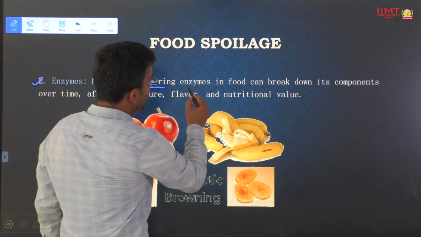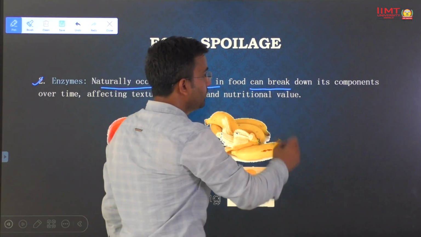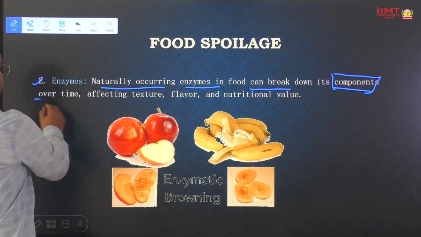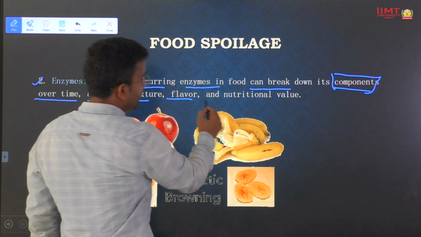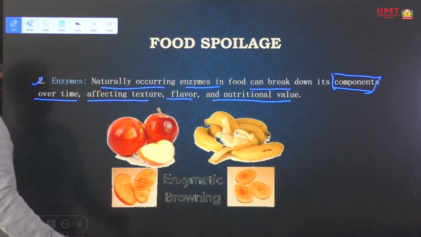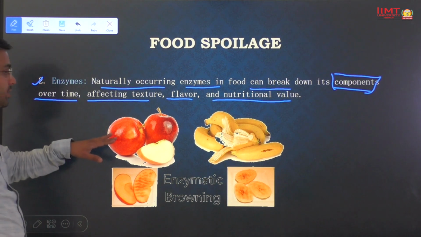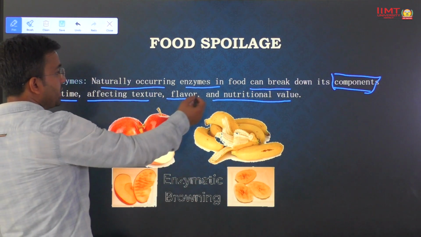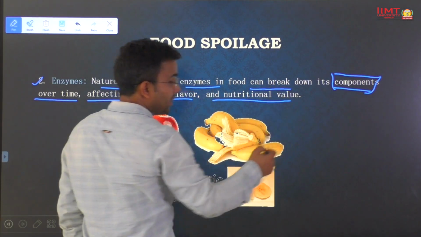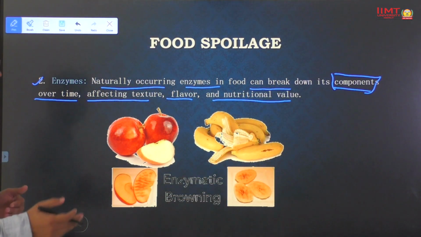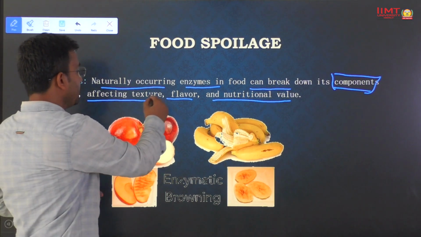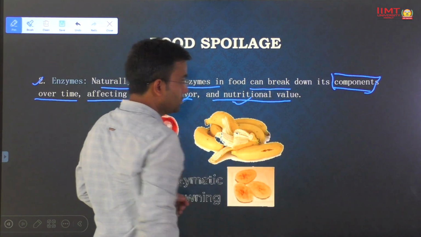Naturally occurring enzymes in food can break down its components over time, affecting texture, flavor and nutritional value. Enzymes are already found in fruits and vegetables, and if we store them over time, the enzymes break down their components.